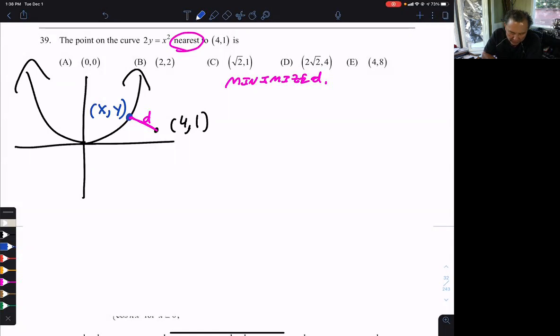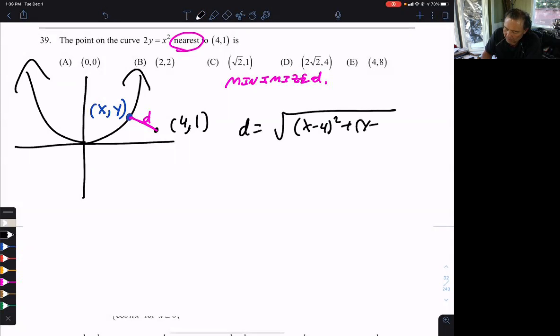And the distance between any two points is, using the distance formula, the square root of (x minus 4) squared plus (y minus 1) squared. That's the distance formula. If you're not sure where that comes from, basically, if you create a triangle like such, the distance between x and 4, you can find by subtracting the x's.